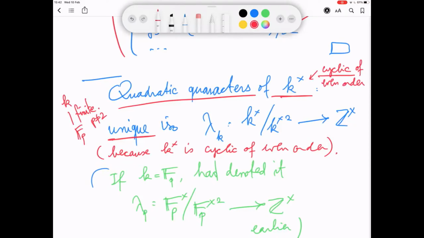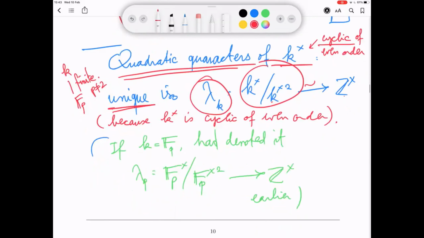Now a cyclic group of even order has a unique quadratic character, because modulo squares, it's a group of order 2. And any two groups of order 2, there's a unique isomorphism between them. So I'm going to call this quadratic character lambda_K.